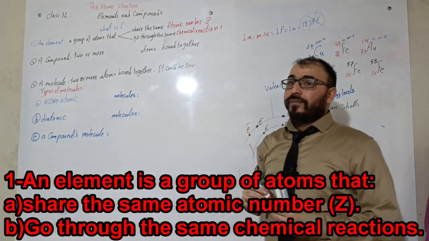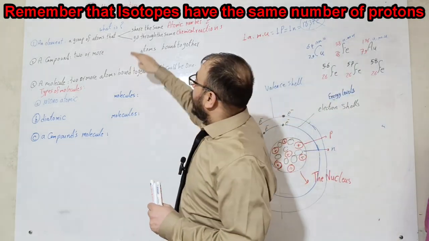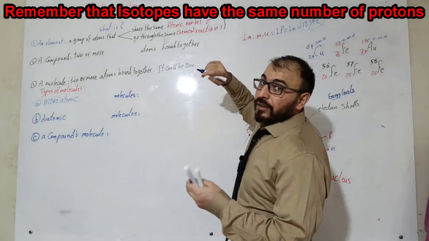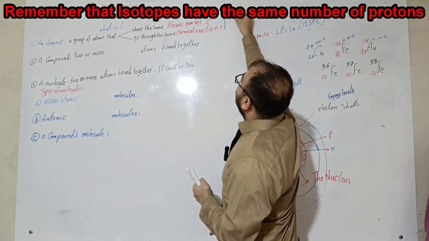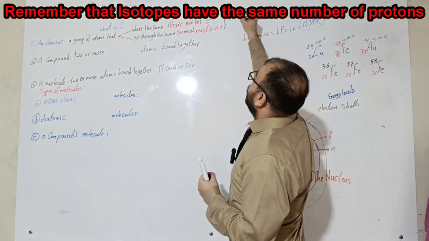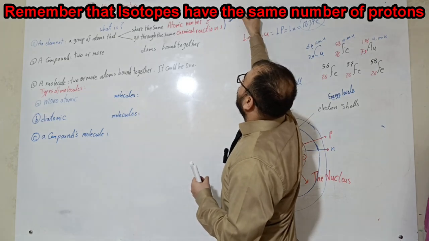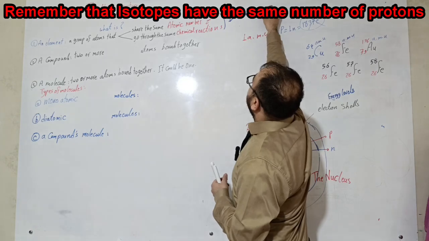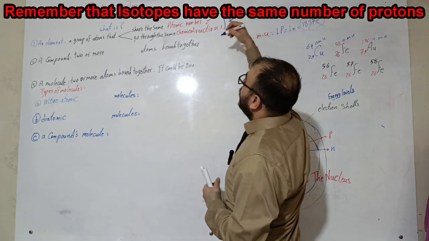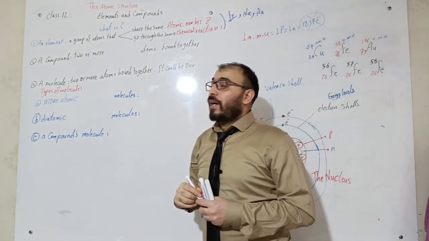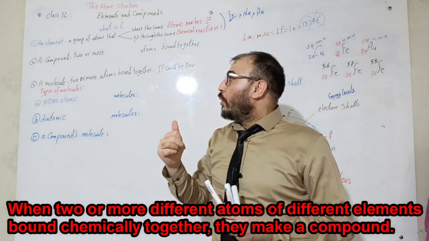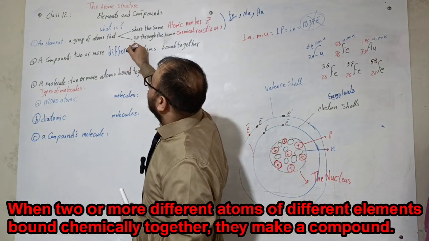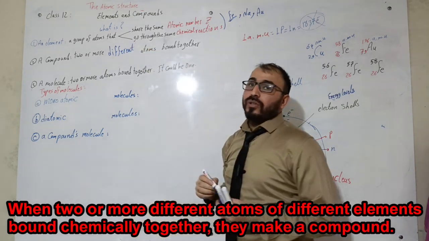What is a compound? As you know, my friends, all of the atoms of an element are the same. For example, if you take a piece of iron, you're going to see it's only made up of iron atoms, sodium is also sodium atoms, gold is made up of only gold atoms. But in the case of compounds, we have two or more different atoms bound together.